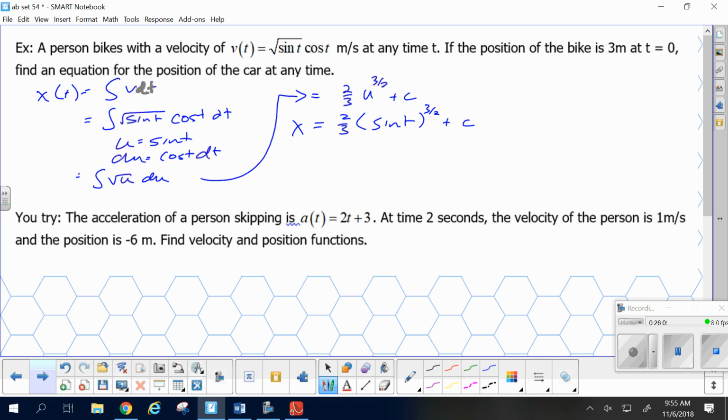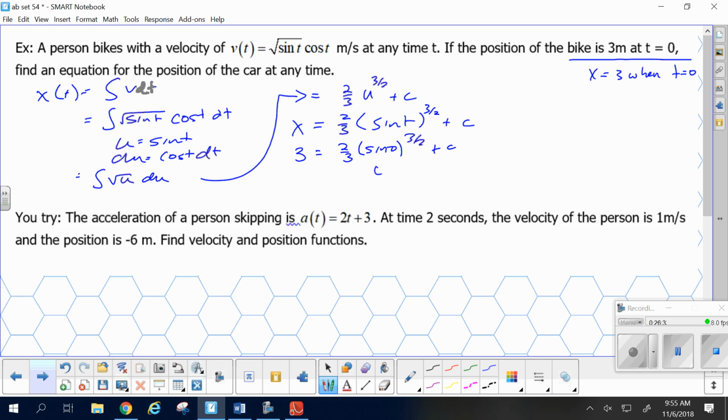Now then, we use the initial condition to find the c. We know that the position, or x, is 3 when time is 0. So if we use that in here, then x is 3 equals 2/3 of sine of 0 to the 3/2 plus c. What is sine of 0? 0.